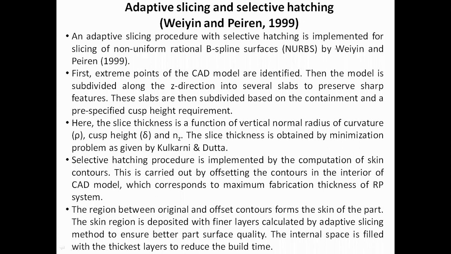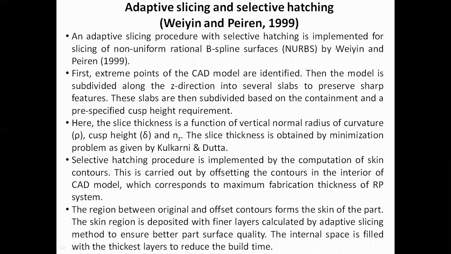So they started with the slice thickness taken with Kulkarni and Datta, and then based on that they again worked on these sections, and rather than breaking them into uniform slices, they broke the surfaces into a variable number of slices. That is, the slabs were not of uniform cross section. The slabs were defined with respect to a predefined cusp height.